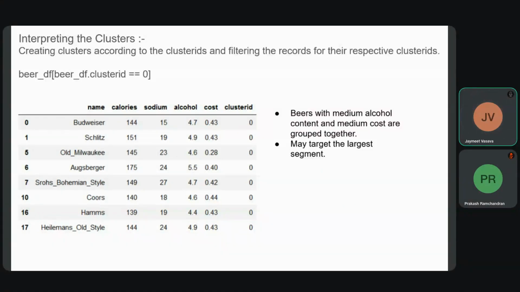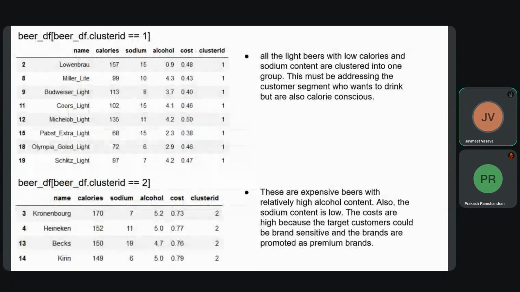So some observations regarding cluster ID 0: the beers with medium alcohol content and medium cost are grouped together, and they may target the largest segment due to their medium cost and medium alcohol content. Similarly, for cluster ID 1, all the light beers with low calories and sodium content are clustered into one group.